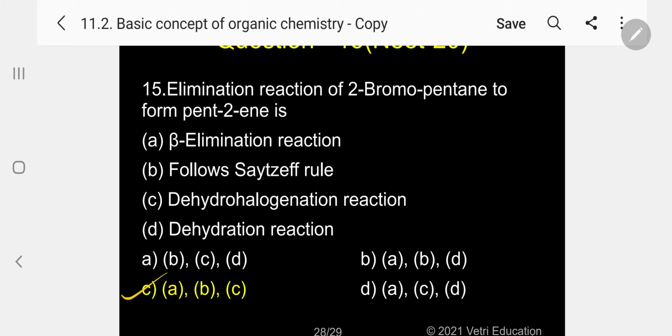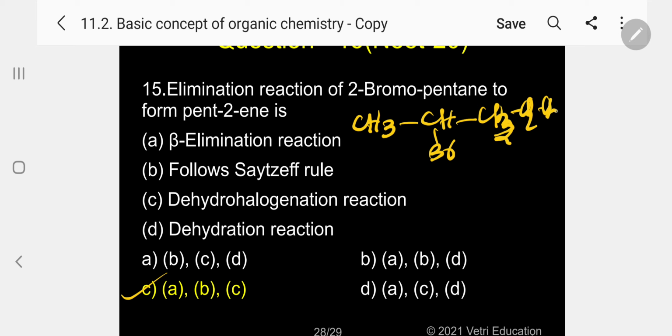Before going simply A, B, C, you cannot understand, so let me explain the reaction. What is 2-bromopentane? This is pentane, starting from 1, 2, 3, 4, 5.